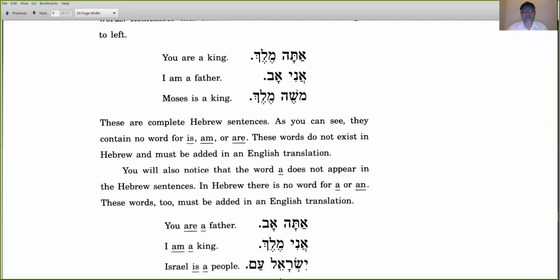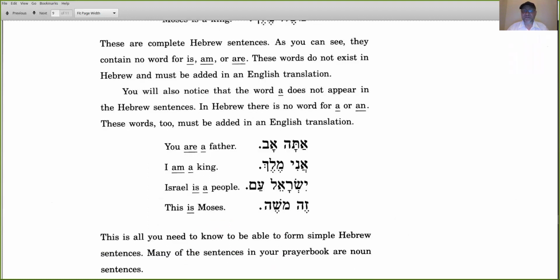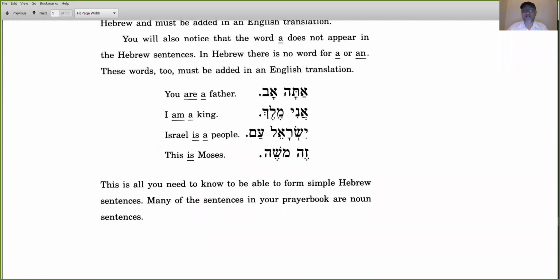As you can see, they contain no word for is, am, or are. These words do not exist in Hebrew and must be added in an English translation. You will also notice that the word a does not appear in the Hebrew sentences. In Hebrew, there's no word for a or an. These words, too, must be added in an English translation.